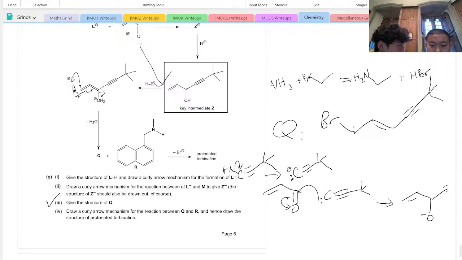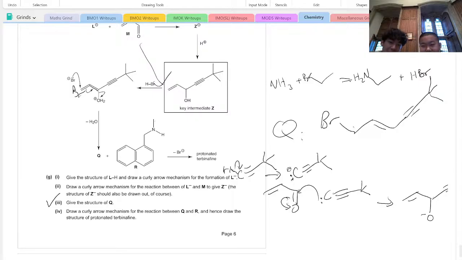What does it make? It makes H3N plus and Br minus. Doesn't it? Yeah, it's acid base. Wait, is there any world in which you have a Br attached to an N?